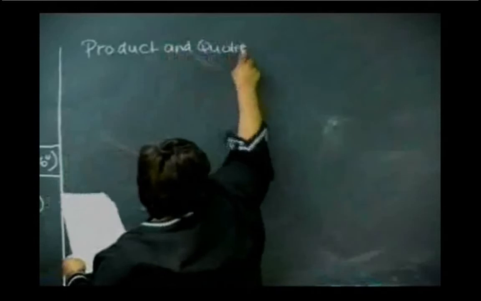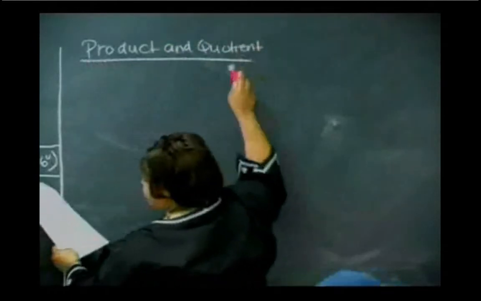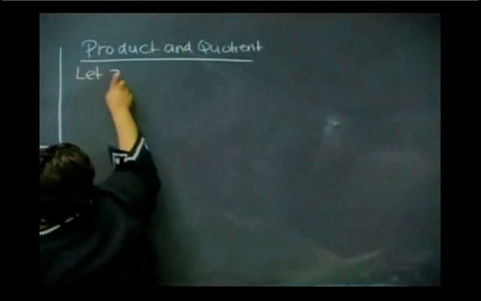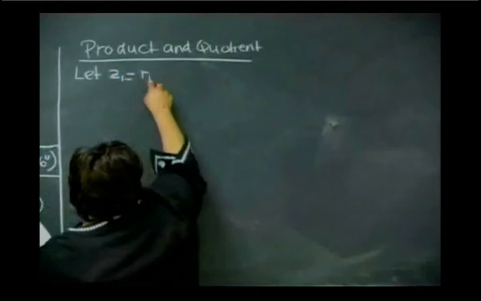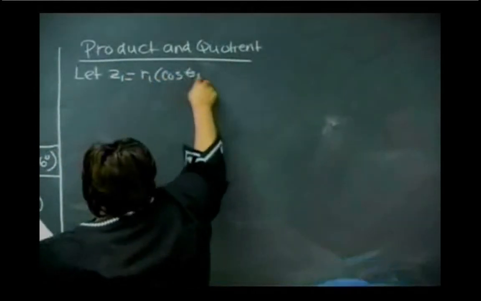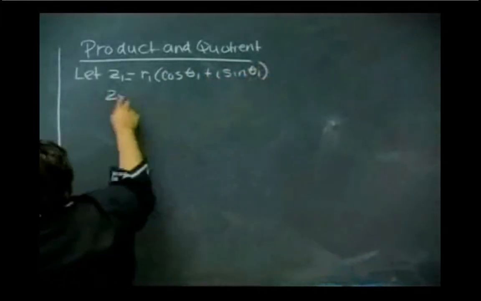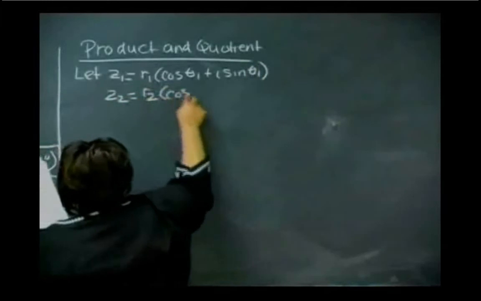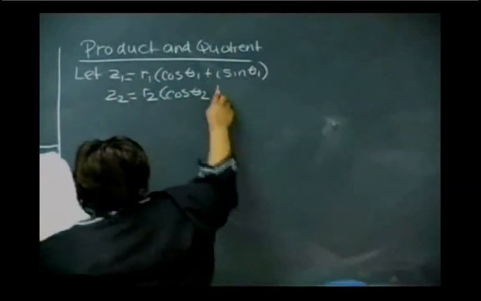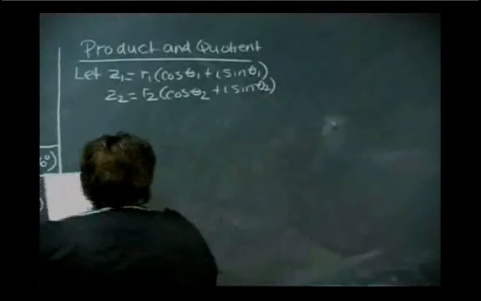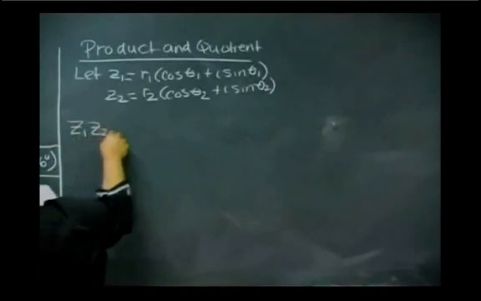So now let's look at the product and the quotient. How do we multiply and divide numbers in this trigonometric form? So let Z1 be some number, R1 (cosine theta 1 plus I sine theta 1), and let Z2 be another complex number in trigonometric form, R2 (cosine theta 2 plus I sine theta sub 2). Then I can find Z1 times Z2.